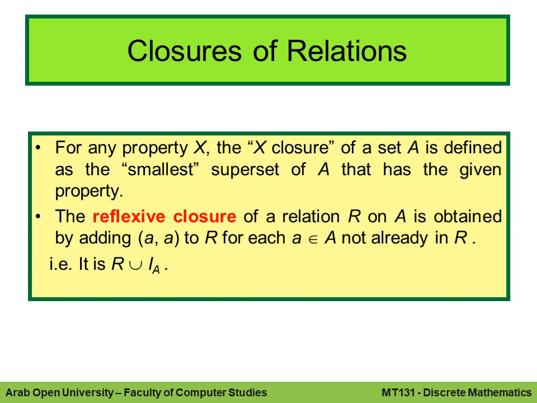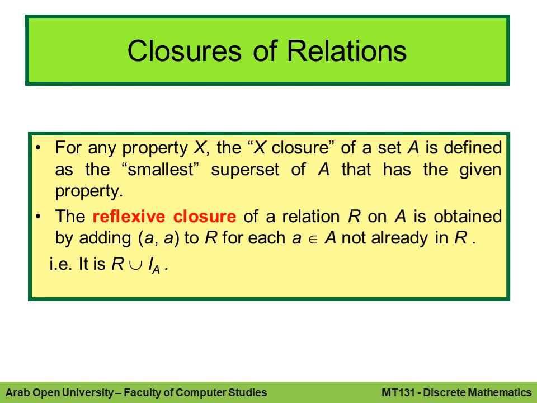For example, the reflexive closure would be the smallest superset that contains the relation and is reflexive. One way to find the reflexive closure is to add (a, a) to R for any a in the set A that is not already there. You just add the missing pairs.